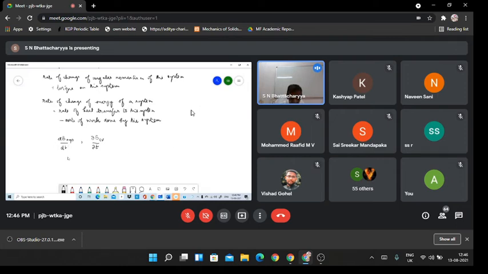So I have two derivatives: the rate of change of B for a system and the rate of change of B for a control volume.